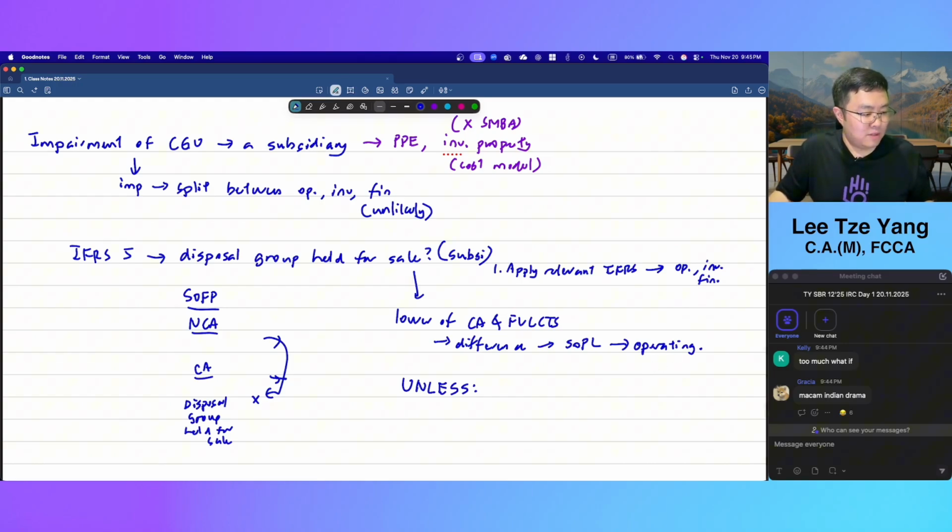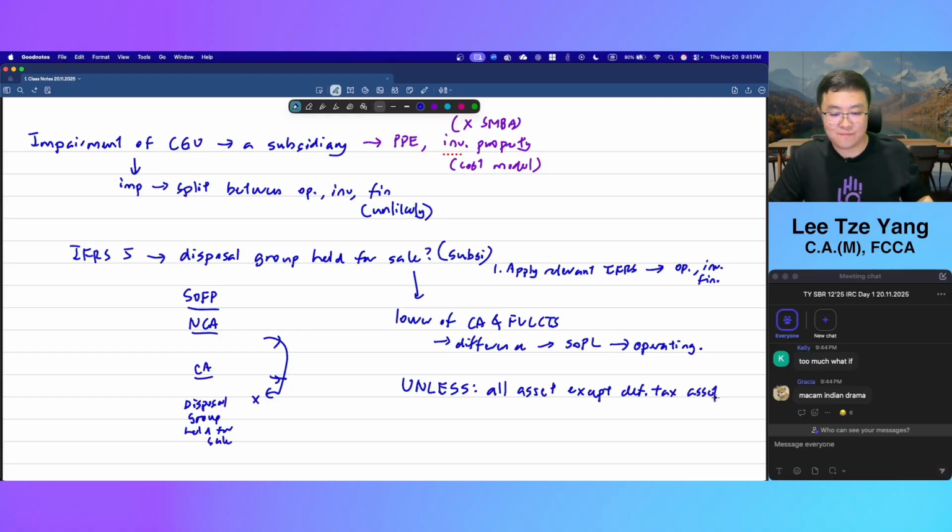So what I want to tell is, held for sale or whatever. They say, unless you have this issue, all the assets except for deferred tax asset are in the investing category. Then this one must be investing.